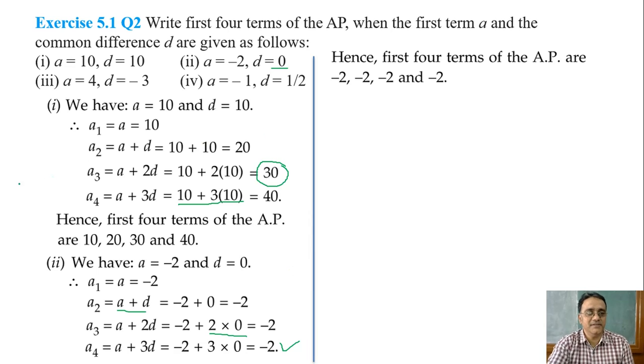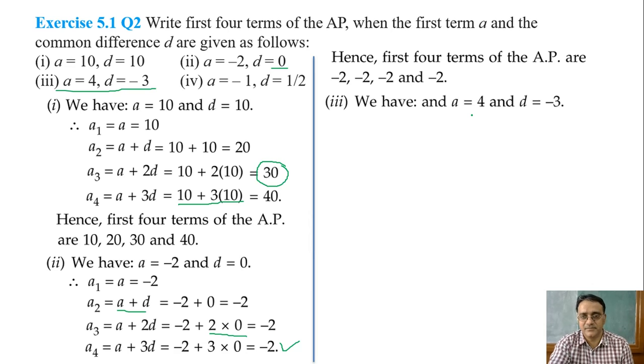Now next question, a is equals to 4 and d is equals to minus 3. So what is the first term here? 4. Second term, a plus d. What we are getting? 4 plus minus 3, 1. Right.